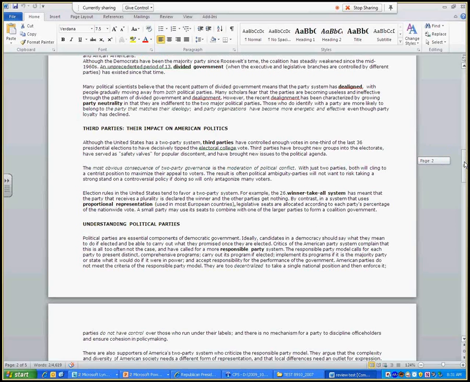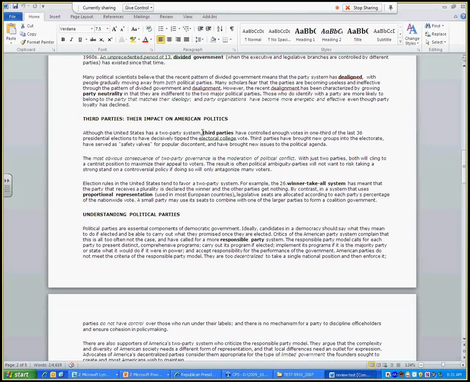Now, third parties we know cannot win president because of the laws. You have to win a majority of the popular vote in one state to get any electoral votes, and then you get them all. That's why it's called winner take all, with the exception of Maine and Nebraska, who will split their votes.